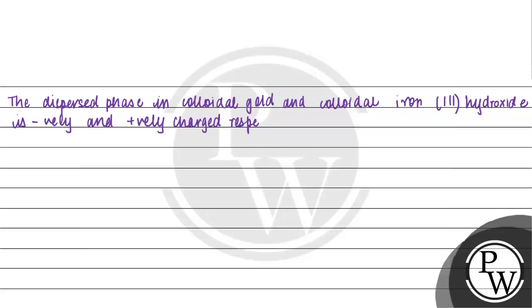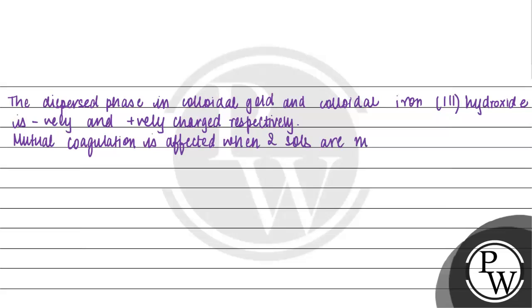So mutual coagulation is affected when two solutions are mixed. जब हम दोनों solutions को मिक्स कर देते हैं सो पॉजिटिव और नेगेटिव मिलके ये न्यूट्रल बना लेता है, सो it results in mutual coagulation. So mutual coagulation is affected when two solutions are mixed.